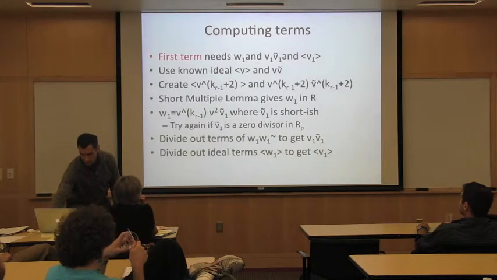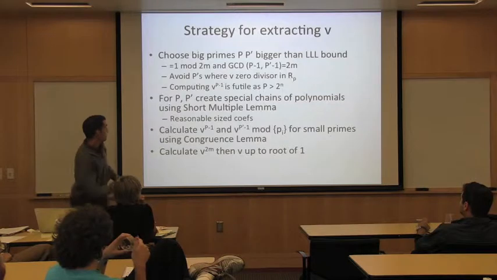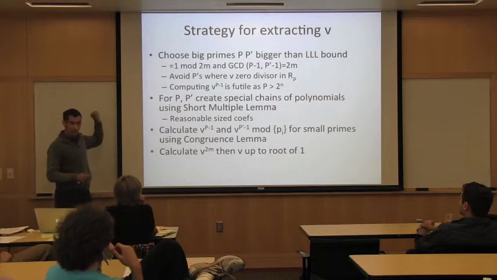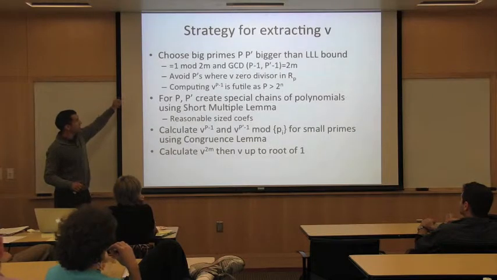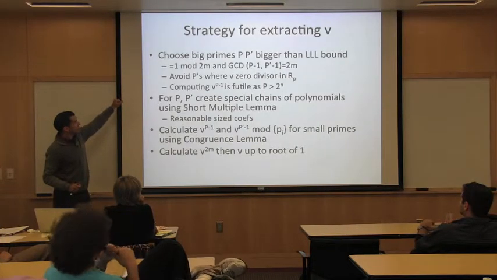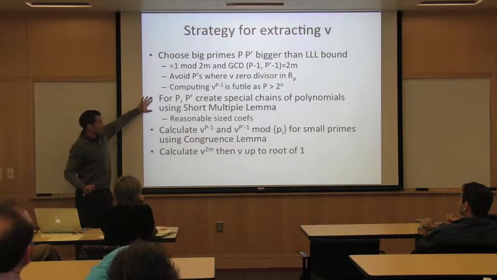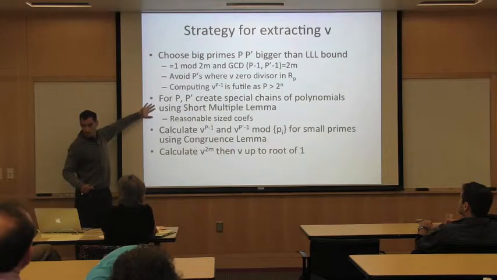That's just reminding us of the whole structure of the proof. How the proof is going to go is you're going to choose these two big primes, and then create these chains of polynomials using that LLL version, the details of which I'll explain.